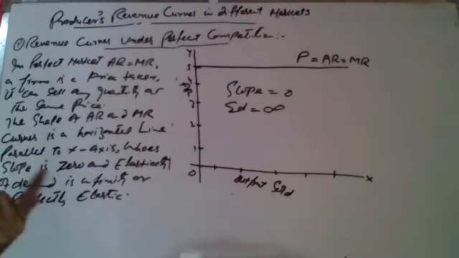In monopoly, the firm is a price maker, but in perfect competition, the firm is a price taker. Okay?